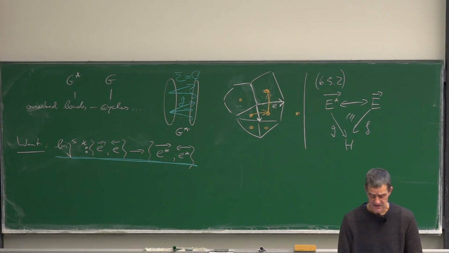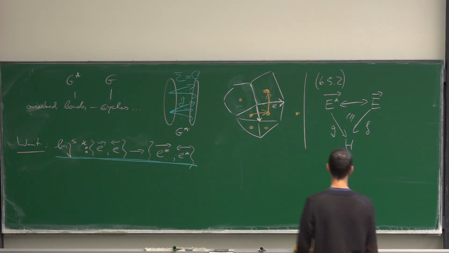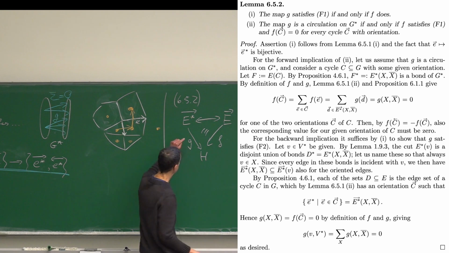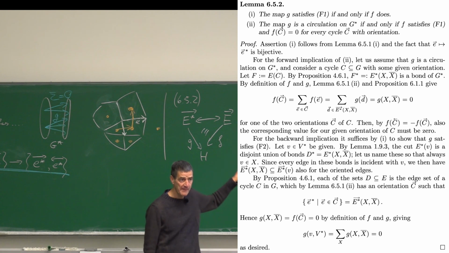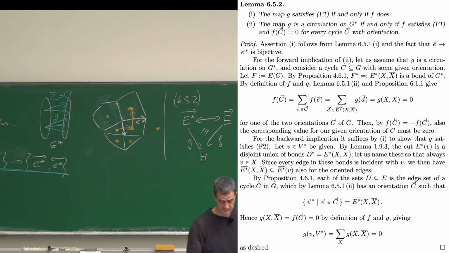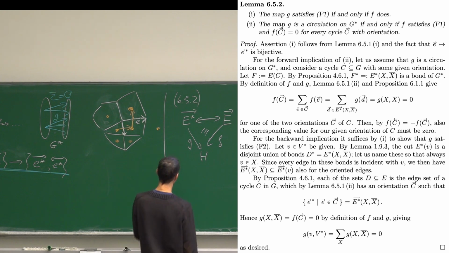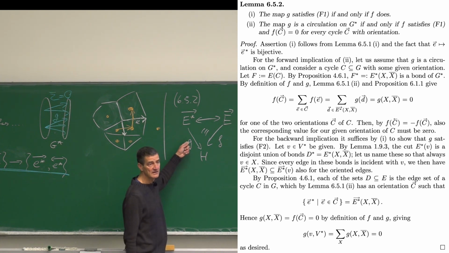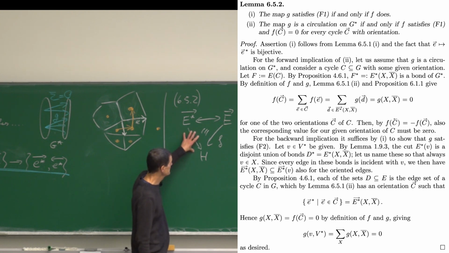And the lemma says, item 1, that G satisfies axiom F1 of flows if and only if F does. Right, and that's obvious, because F1 just means on every edge, if you add the value of an oriented edge to the value of its inverse edge, then the sum is 0.